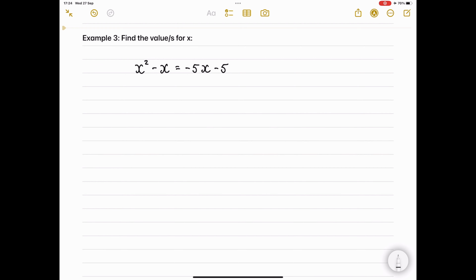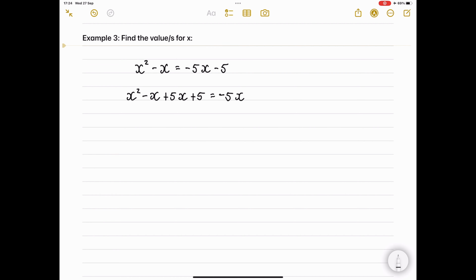So we move on to the final example. And yet again, your first step is to write it in the standard quadratic form. And how you would do that is as follows. You get everything to the left-hand side. Now plus 5x to get rid of it, and plus 5 to get rid of your constant.